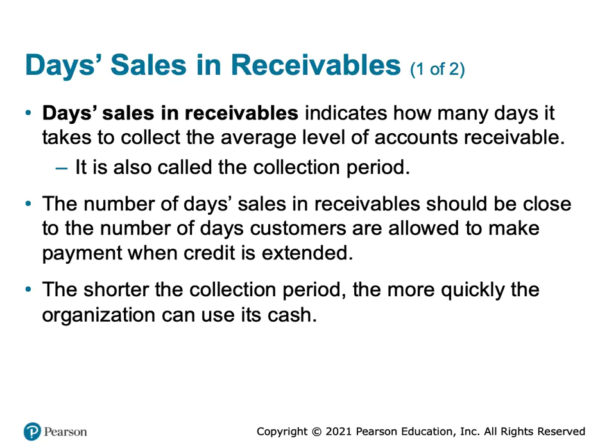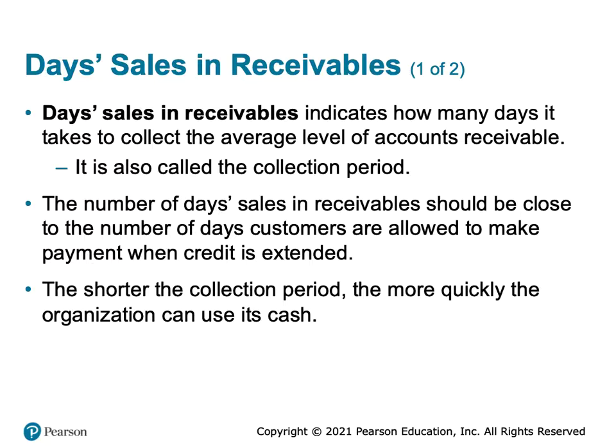Finally, we have the days sales in receivables. And so it indicates how many days it takes to collect the average level of accounts receivable, sometimes also called the collection period. And so it should be close to the number of days customers are allowed to make payment when credit is extended.